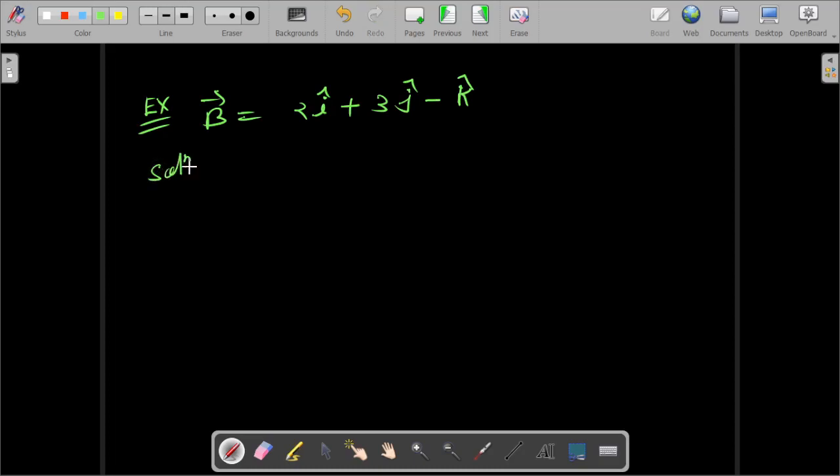So we have to find out the unit vector in the direction of b. The given vector is 2 i cap plus 3 j cap, we can write this way also, minus 1 k cap. Now find out the value of b vector.